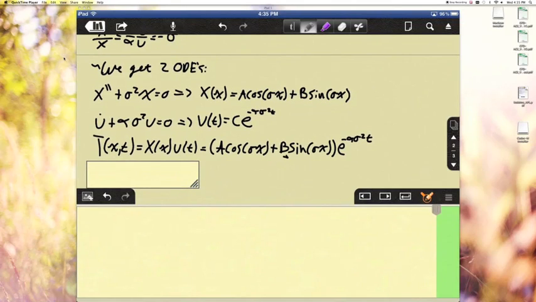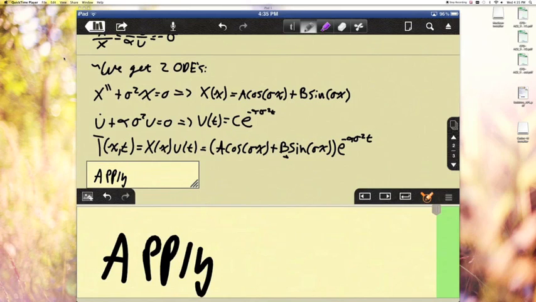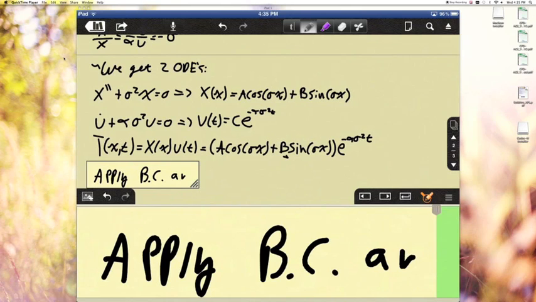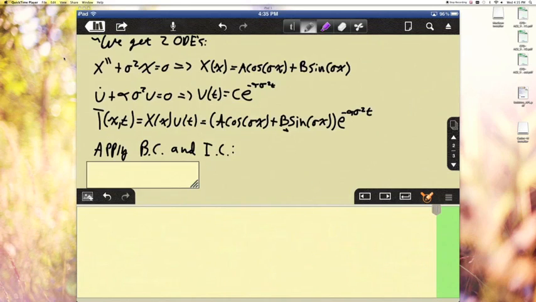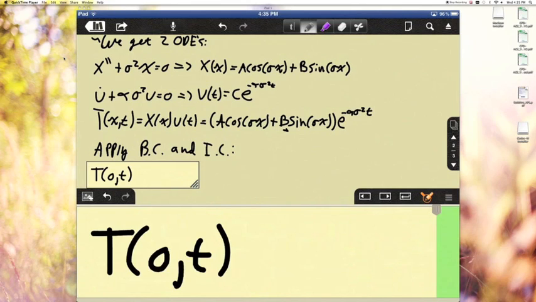So now we can go ahead and we can apply our boundary conditions and our initial conditions. So we know that the temperature at x is equal to 0 for all time is equal to 0. Now we can go ahead and plug that into the expression that we derived above.